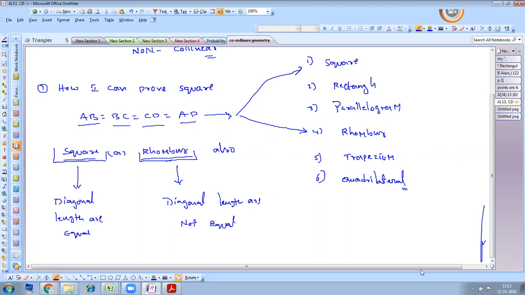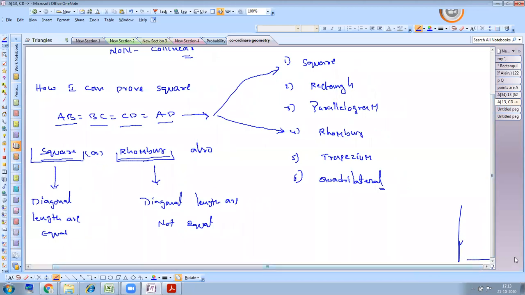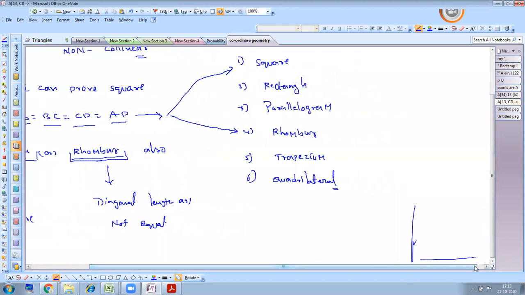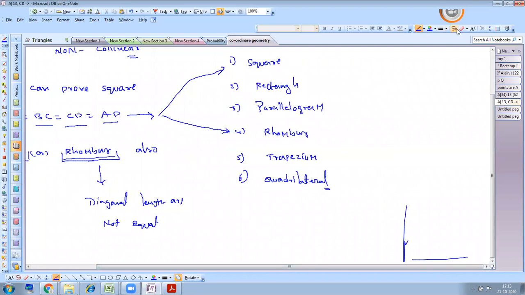Same way, how can I decide whether it is a rectangle or a parallelogram? Suppose I get AB equal to CD and BC equal to AD, for example. This condition says it should be either a rectangle or a parallelogram.